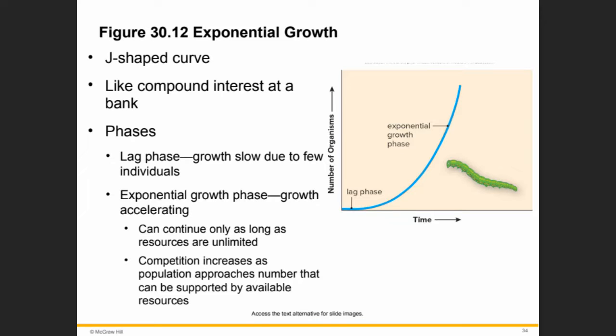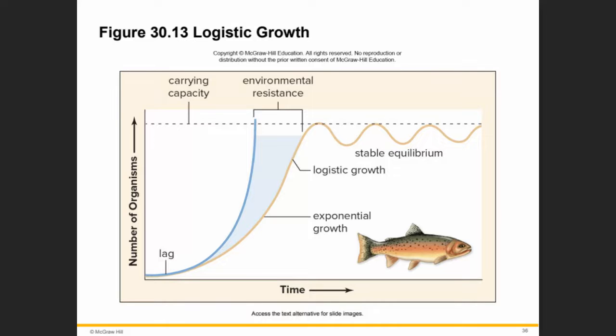A caterpillar is shown near this graph because it has exponential growth. Logistic growth results in an S-shaped growth curve. You also have a lag phase, where growth is slow with few individuals, then exponential growth, accelerating.